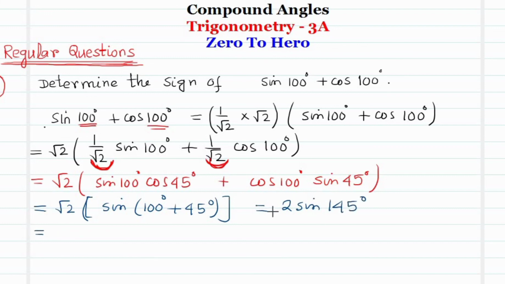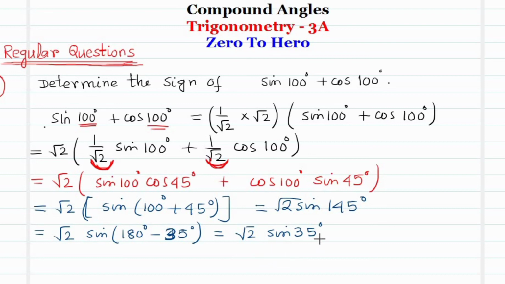Now 145 degree can be written in this form: 180 minus 35 degree, and sine 180 minus theta is equal to sine theta, because the angle is in the second quadrant. So this expression is same as root 2 sine 35.